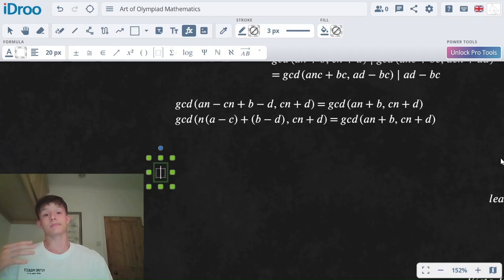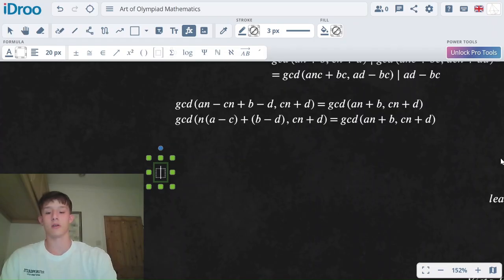But the main cool thing is that since we're just exploring arithmetic sequences, we can do a kind of Vieta jumping idea here. The idea is the following.